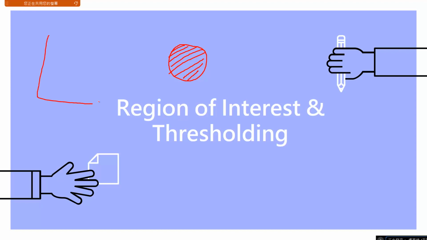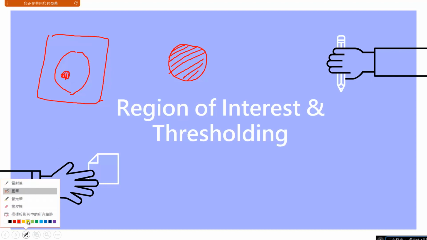So for example, if you are looking at a brain MRI right here, you can see this is a brain. For any doctors or anyone, you may try to find out, for example, here is a lesion. It may be a tumor or something, and you want to circle it out, right? So you are doing what we call ROI. You can just circle it. This is the so-called ROI, okay?